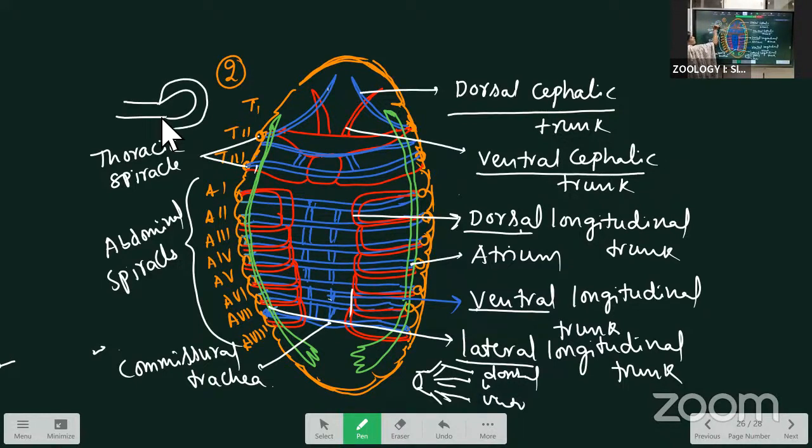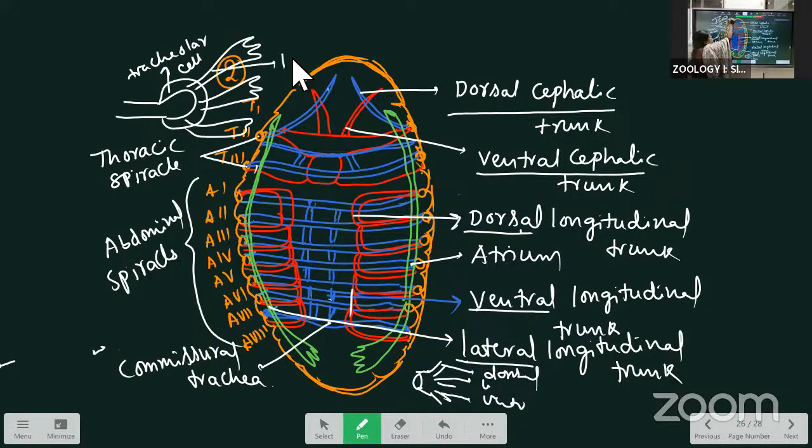This is the tracheolar cell. The tracheolar cell has branches, and those branches we call tracheoles.